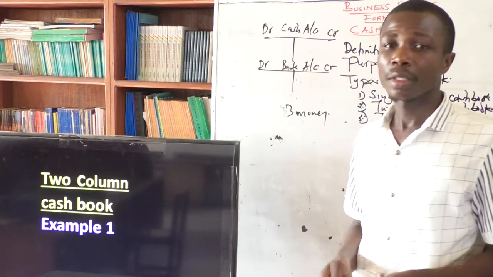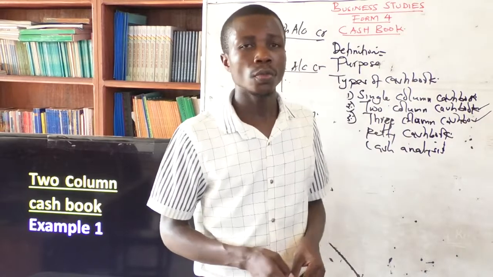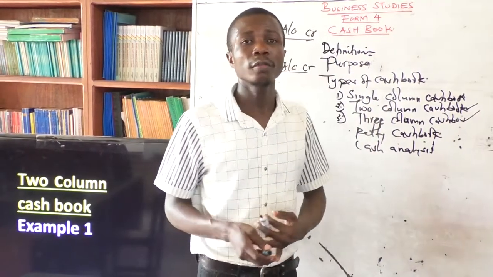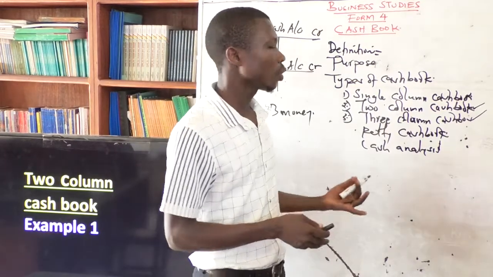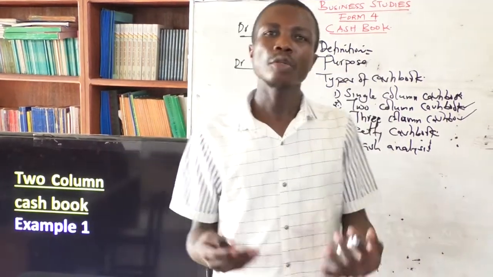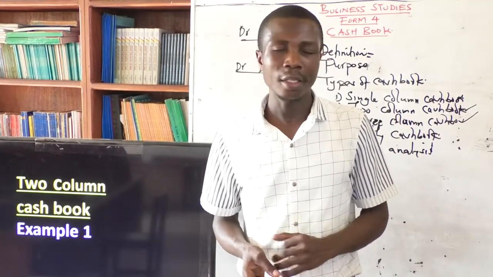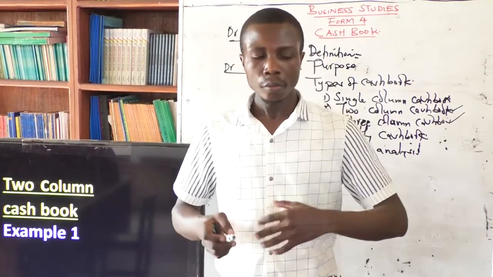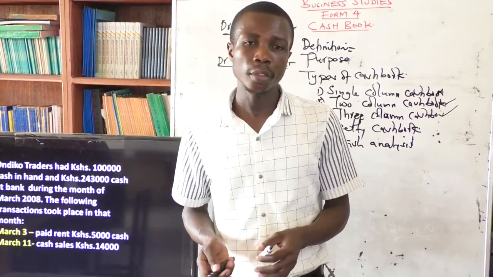Without wasting time, I want us to go through how to prepare a two-column cash book. So let's do one of the questions on how to prepare it. These are always in the exam. Always attempt not to leave out a question dealing with the cash book. It's very simple.